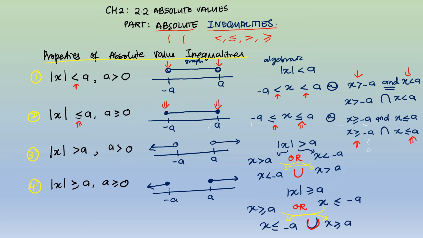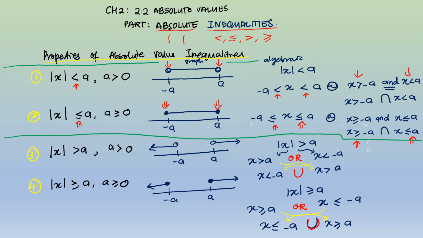Okay, so this is all about, if you can see, I will make the difference between less and greater. Okay, if you can see here, for the less one, either it is single or double, if you define the value, the number line that you get is between them, or we can say it as intersection.